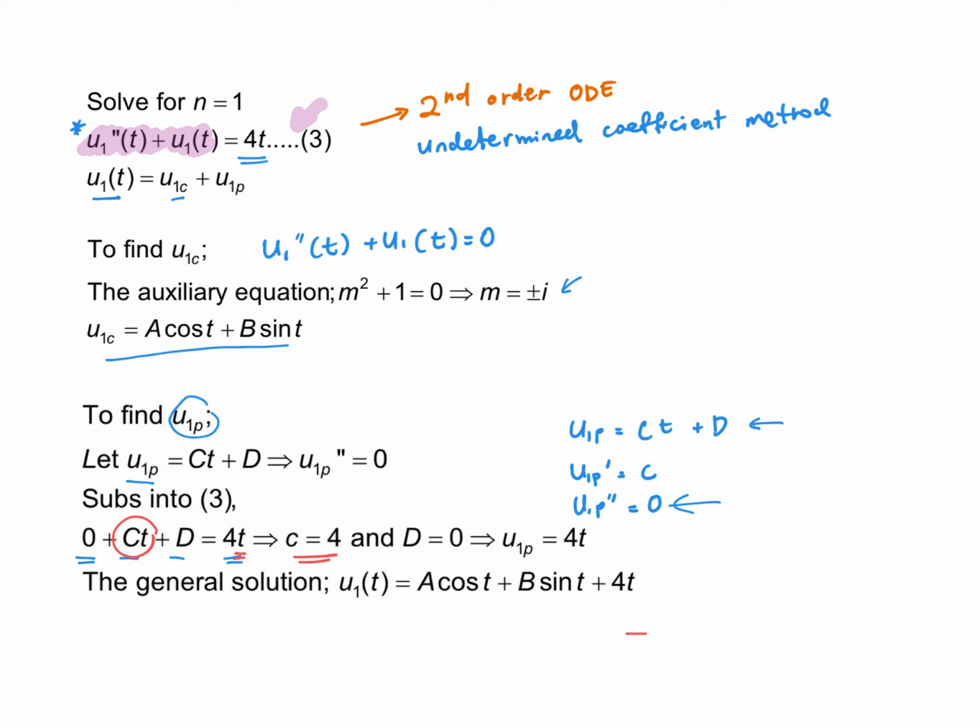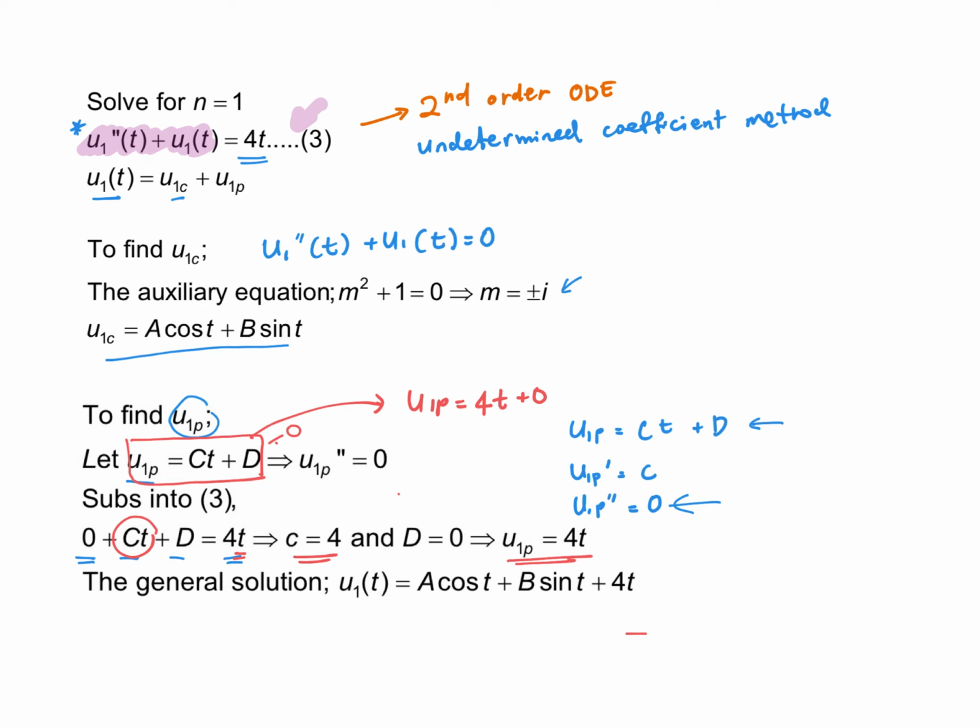And then we substitute into this equation again to get the particular value, u1p equal to ct plus d, which means that we have c is equal to 4 and d is equal to 0. So we just write it back. We will have u1p is equal to 4t plus 0. So the final will be u1p is equal to 4t.